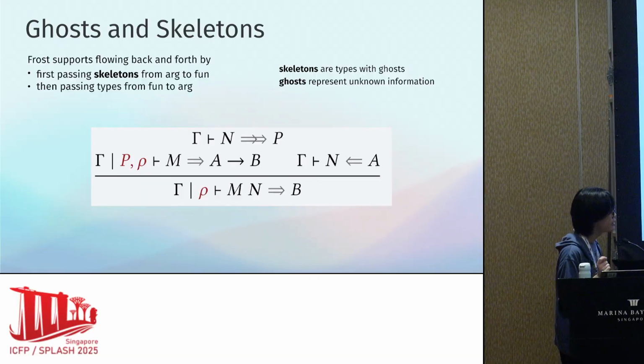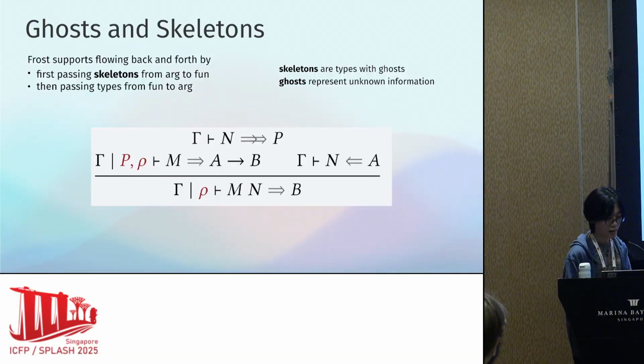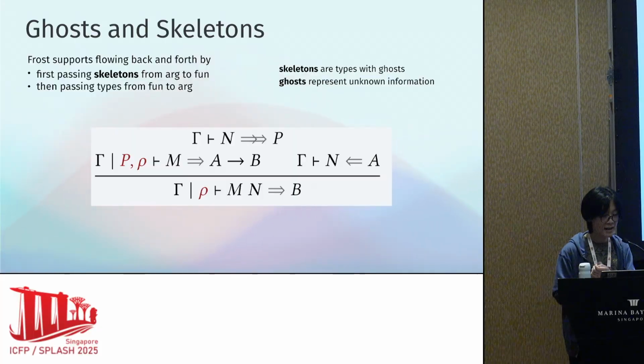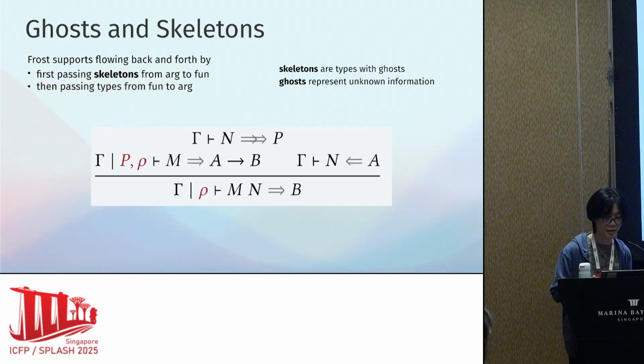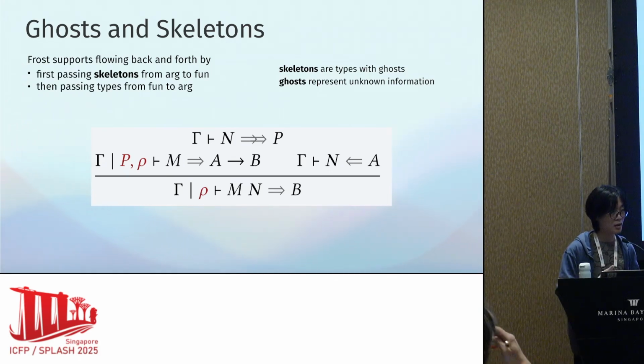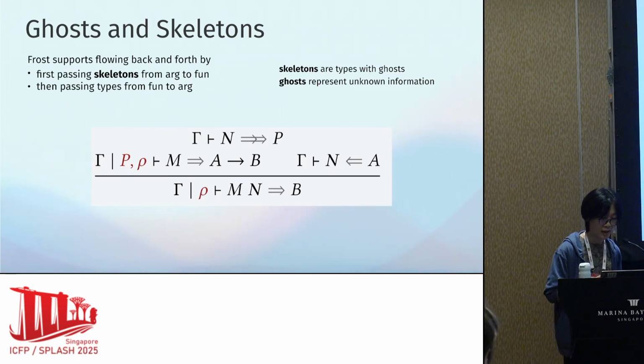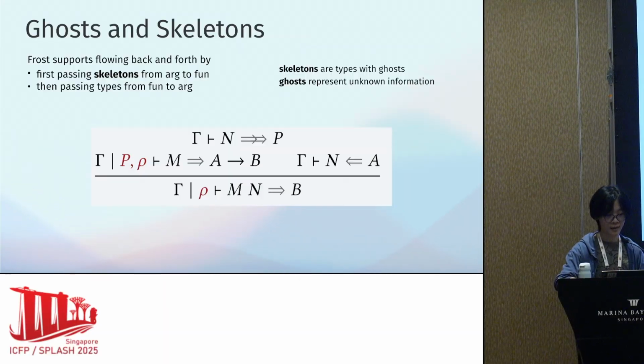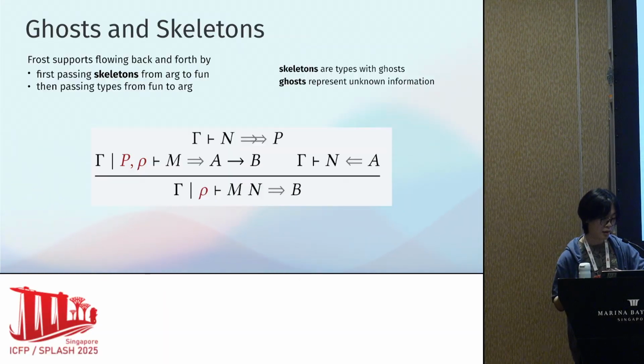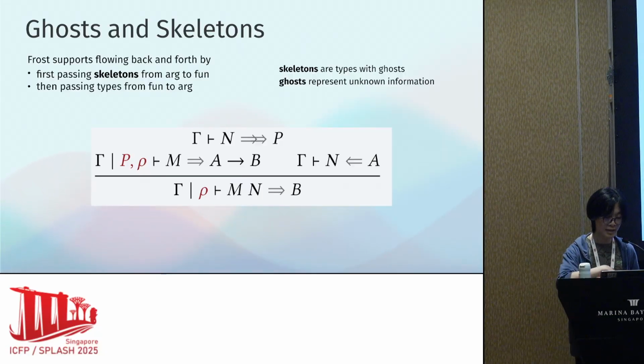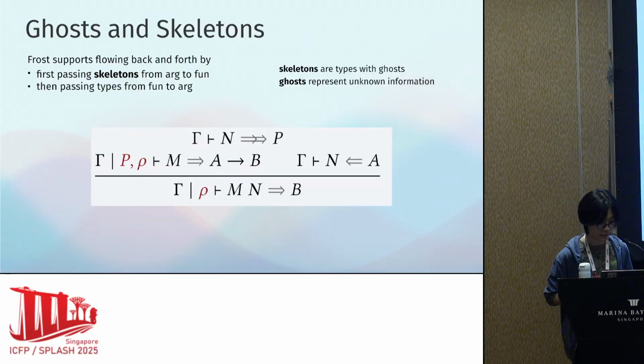So our idea is that we use skeletons, which are types with some ghosts, which represent unknown information, to represent partial type information, and having a typing rule starting from the argument n, going to the function m, and then going back to the argument n.